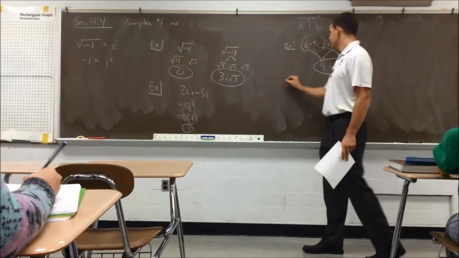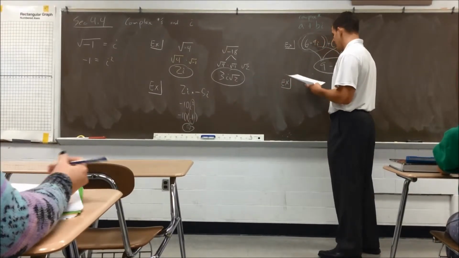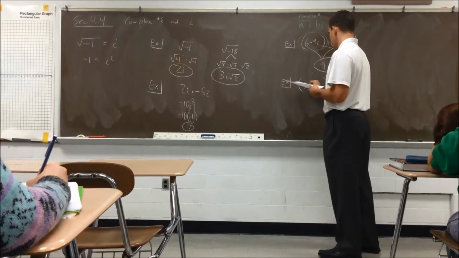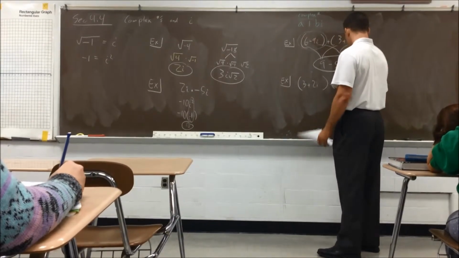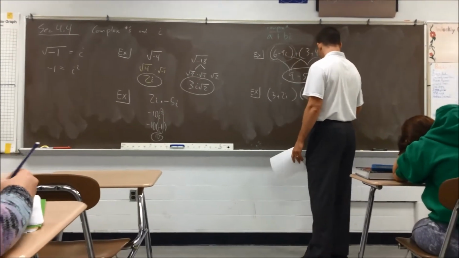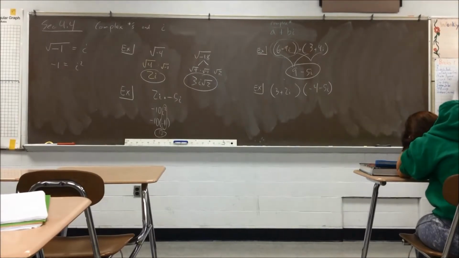This one will be a little bit tougher. You have to multiply 3 plus 2i times -4 minus 5i. Start off just like you normally would. Go ahead and distribute.